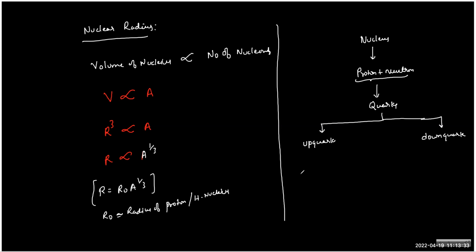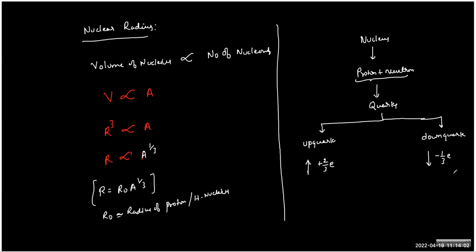The property of the up quark is that it has a charge of plus 2 by 3 of the electronic charge, and the down quark has a charge of minus one third of the electronic charge. So now you know that the charge on the electron is not the most fundamental unit.